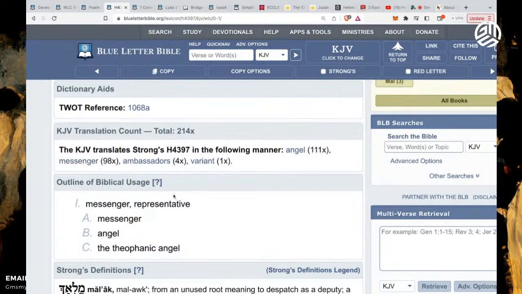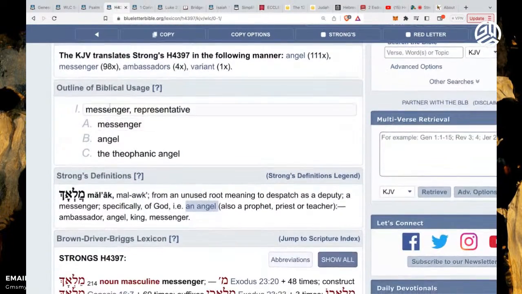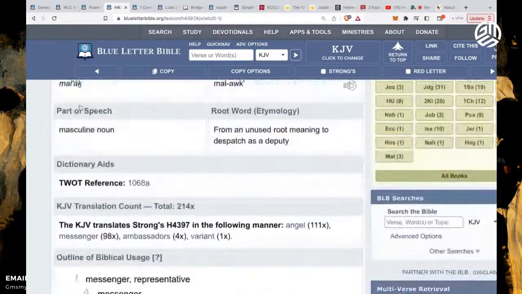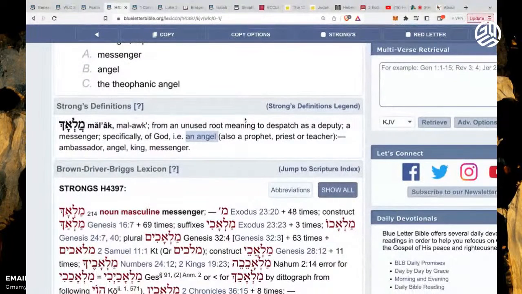Either way, they're messengers of a particular king, whether the King of Kings, the Lord of Lords in the heavens, the Most High, or a physical king here. That's why the word angel and messenger is the same word, because they have the same role. They're ambassadors, individuals dispatched as a deputy.